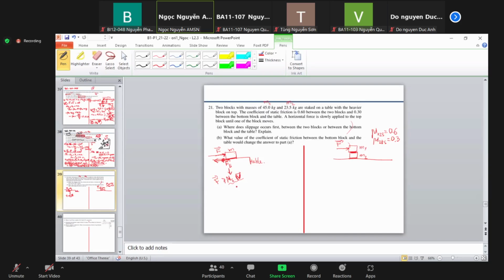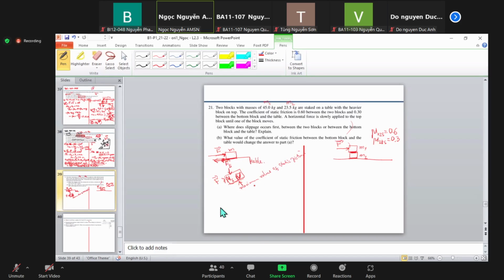You understand it? So here is the limit of the static friction, the maximum value of static friction.